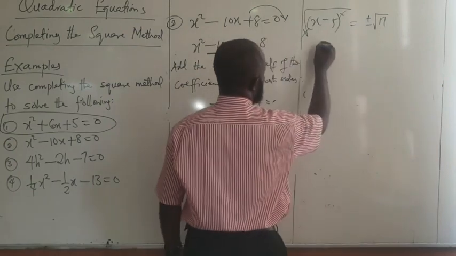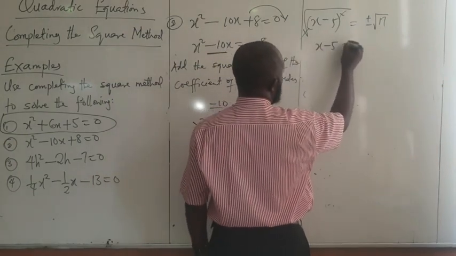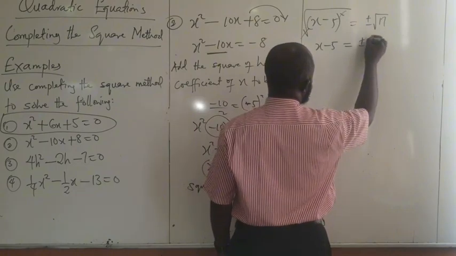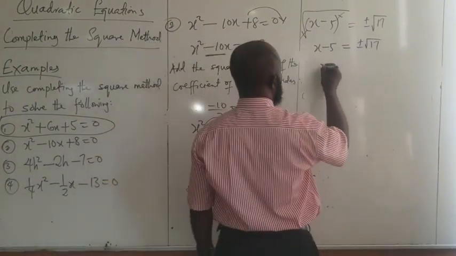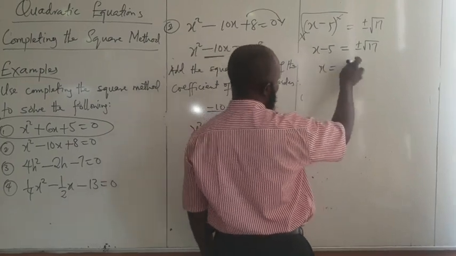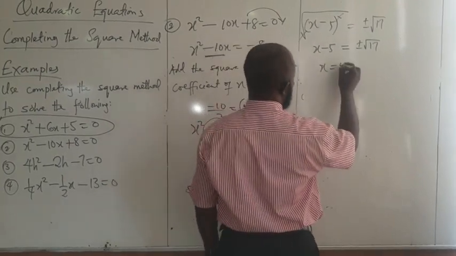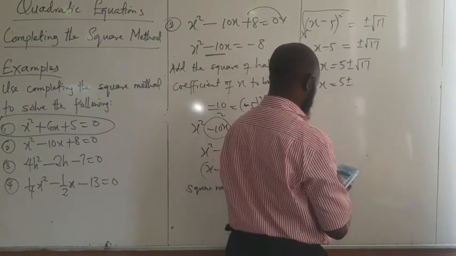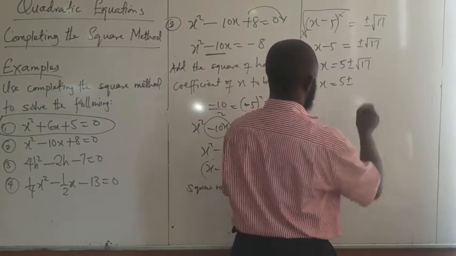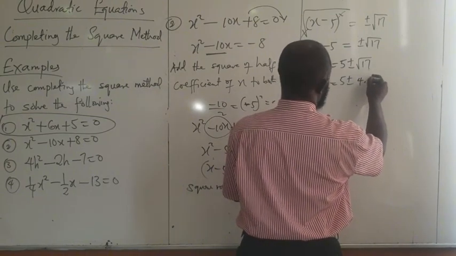Are you with me? That means we have x minus 5 equals to plus or minus square root what? 17. So it is x we are looking for, so we are going to write x equals to this, minus 5 will come in and becomes what? Plus 5. That is 5 plus or minus square root 17. Square root 17 gives us 4.12.